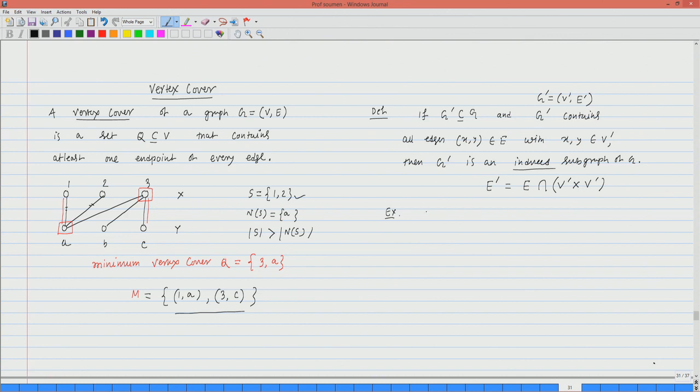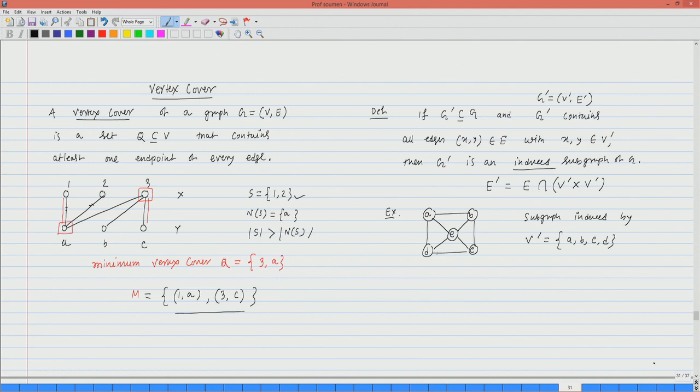Suppose the graph is this one, A, B, C, D and E. This is the original graph G. Now, what is the subgraph induced by, say, V prime equal to A, B, C and D?